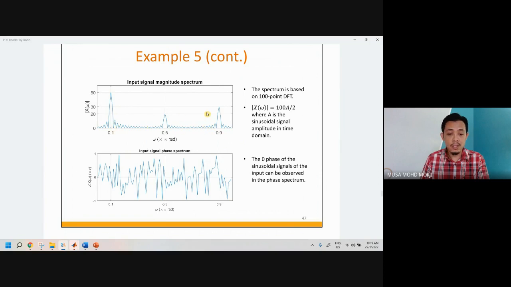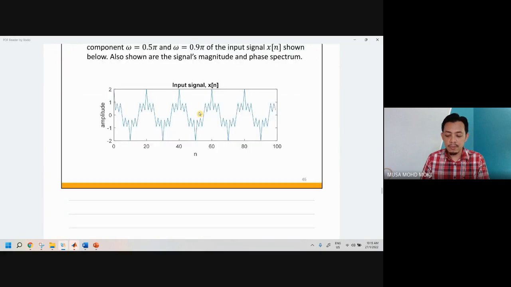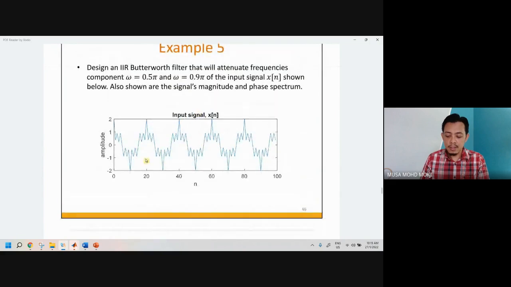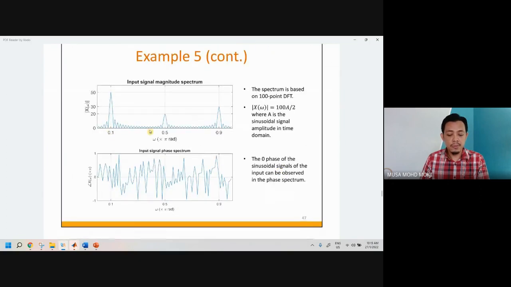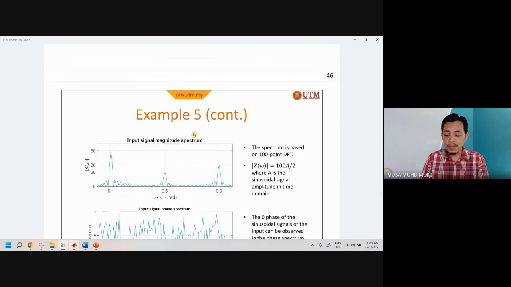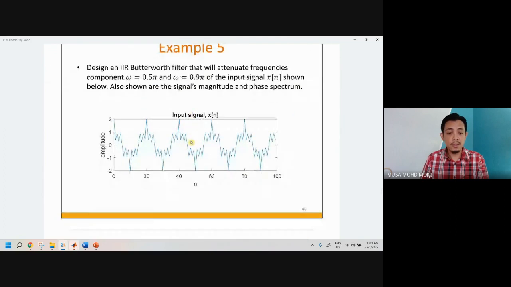We have these side lobes because our signal is limited from 0 up to 100 only. If you did not have side lobes, it would mean the signal goes from minus infinity to infinity.